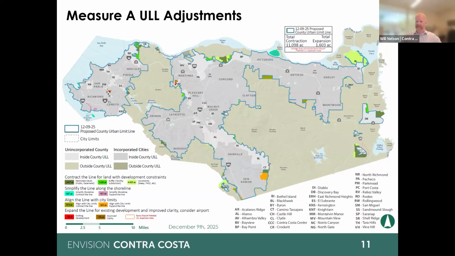That's about 500 acres that's permanently conserved in an agricultural conservation easement. Off of Pittsburg's coast, there's an island that was inside the line before, putting it outside. It's a delta island. It's not being developed. And so you see how much green is here. There is a lot of contraction, but it is land that really wasn't going to be built on anyway.